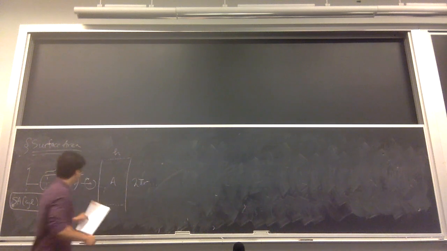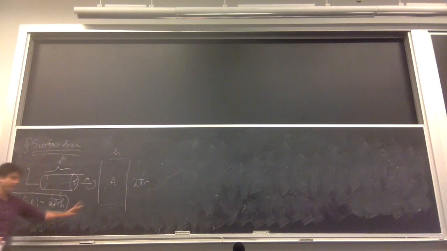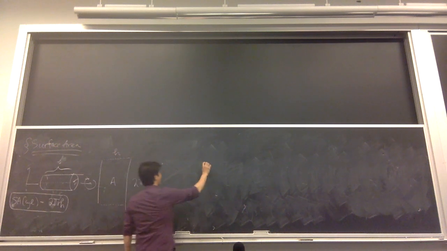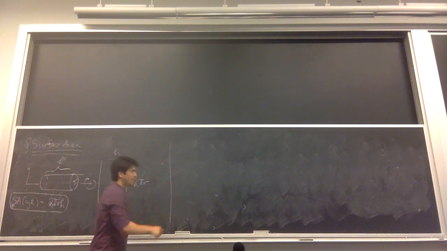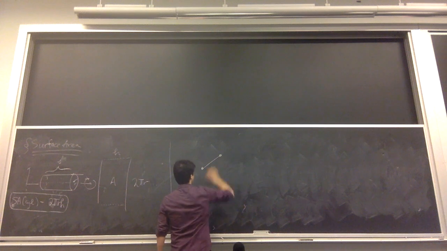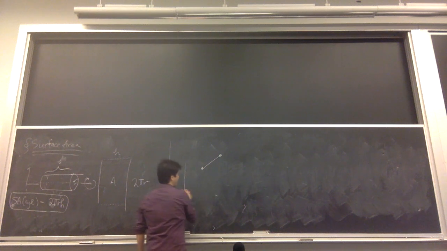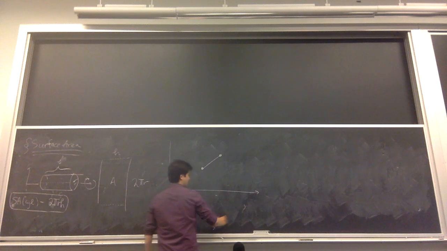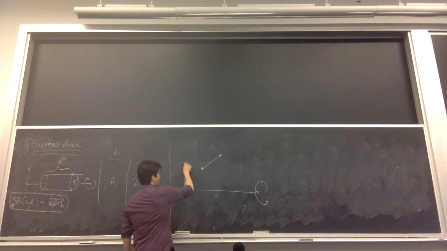Okay, so for straight lines we can do it, but what about for chords? So if I instead have a chord like this, and I rotate that along here, what kind of shape am I going to generate?